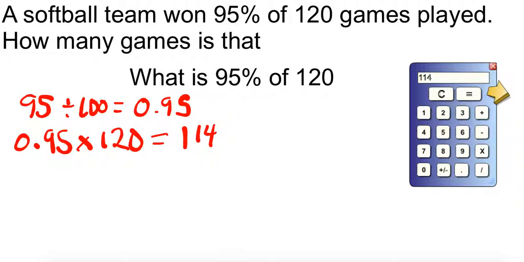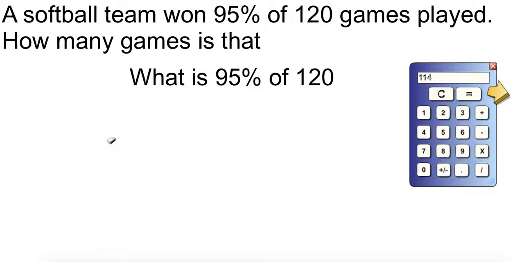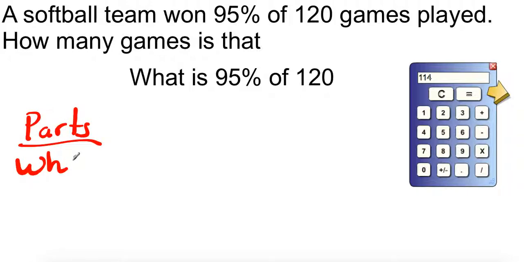Now we're going to try using a different method in order to solve the same problem. So we already know that our answer is 114, but instead what we'll be doing this time is using proportions to solve this problem. So the first thing you have to remember is that a fraction always represents parts over the whole.